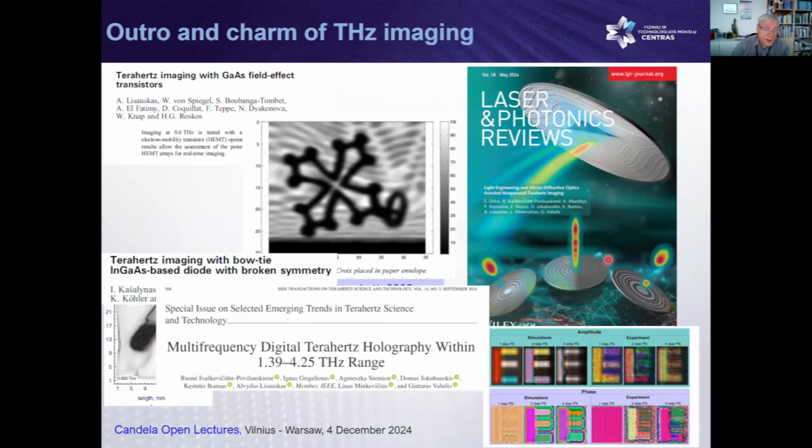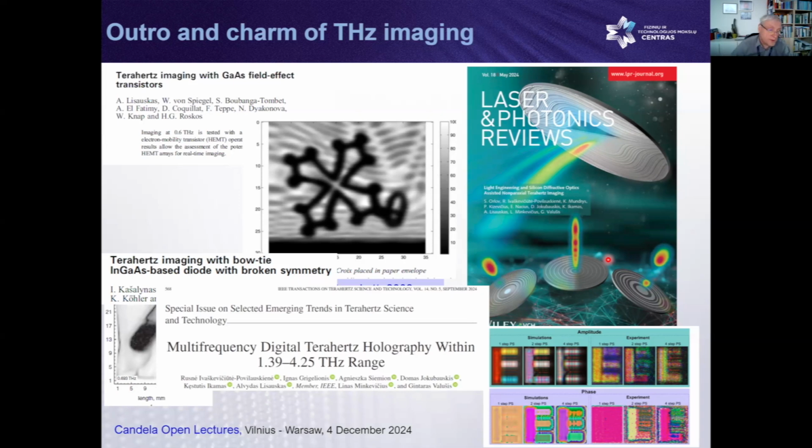We made it above 1 terahertz, and here are reconstructed images of artificially made objects, allowing us to combine different colors, not in conventional photography, but in digital holography, which probably could be a way to go also for materials inspections and probably non-destructive characterization of pieces of art. So that is the charm of terahertz imaging.